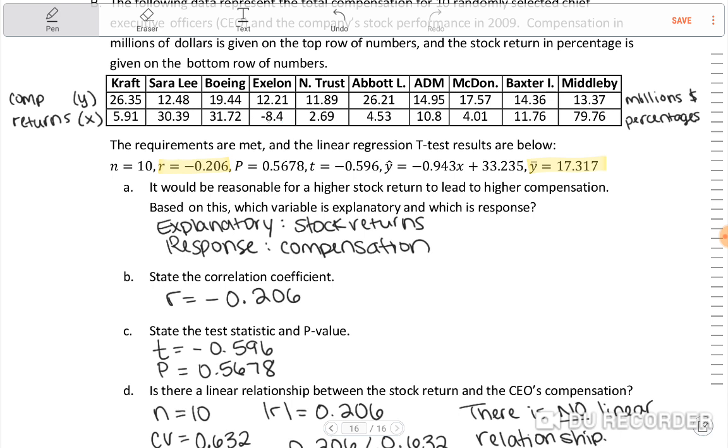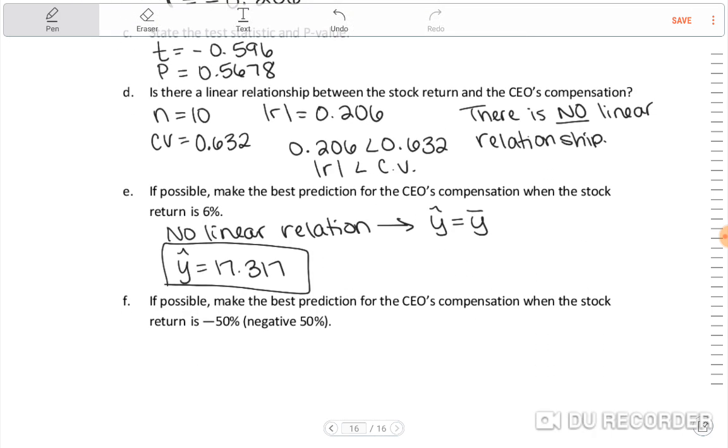But does it go as low as negative 50? And the answer is no. It's not even remotely close to this. Negative 50 is way beyond the scope of our data. So we can't even use this prediction to predict this value. We would say that negative 50 is beyond the scope of the data, so we cannot make a prediction.